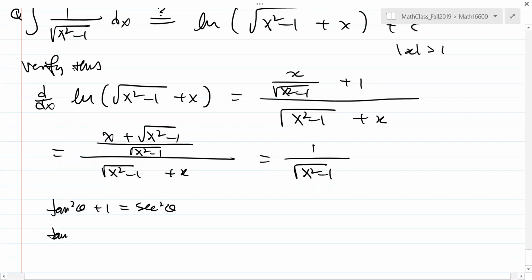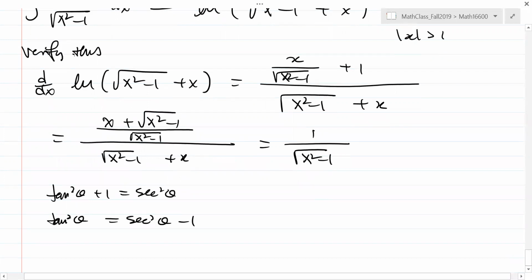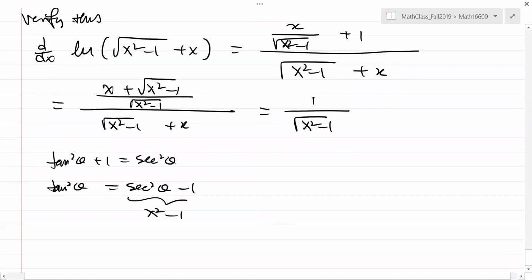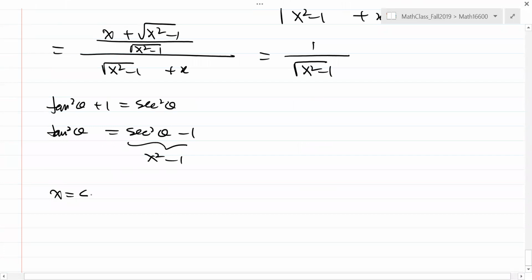So that means tan square theta equals secant square theta minus 1. That is x squared minus 1, right? So it's a very natural idea to use the substitution. You have to use x to be secant theta instead of tan theta. Okay? x equals secant theta.